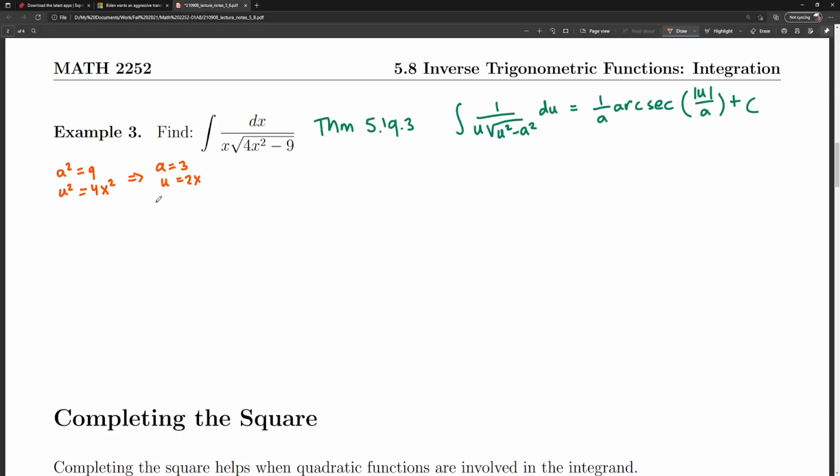And with that substitution, we can then write du/dx equals 2, du equals 2 dx, or 1/2 du equals dx.